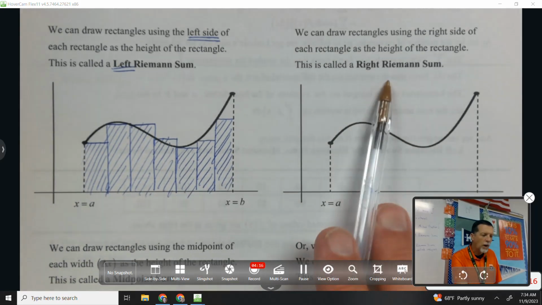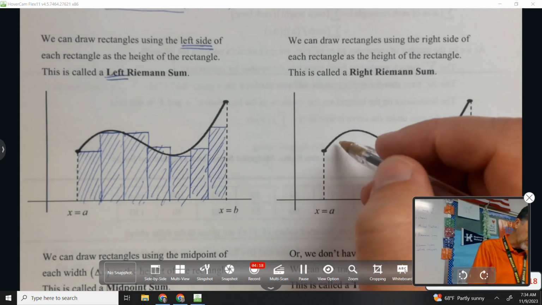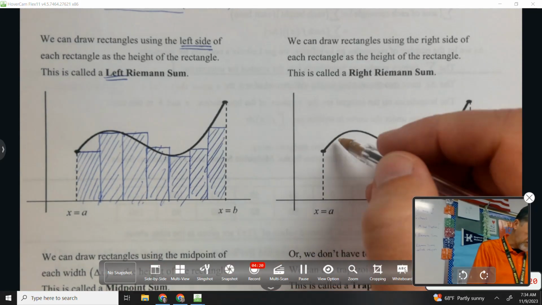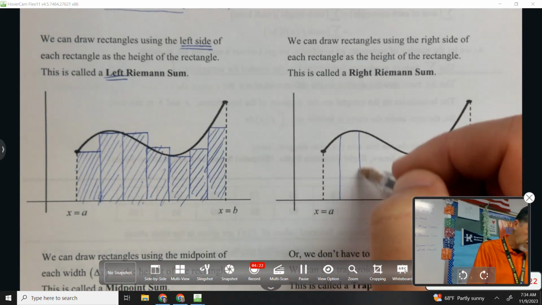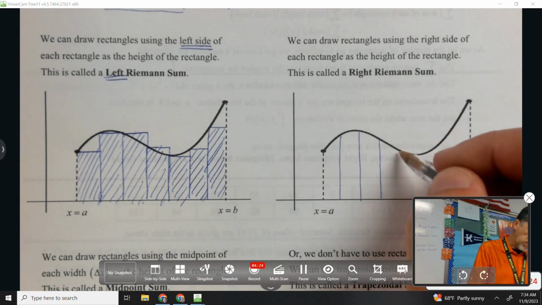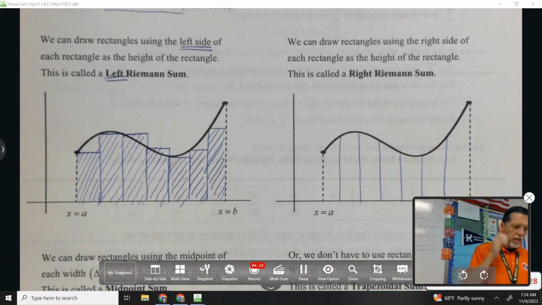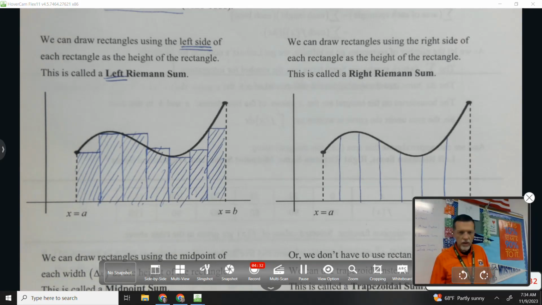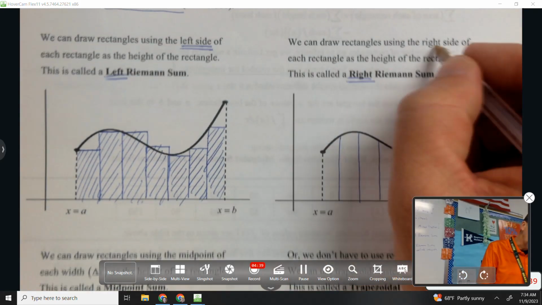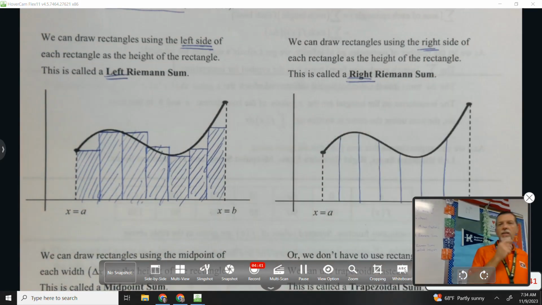All right, let's draw right rectangles. So let's kind of do the same thing. Let's put in some intervals. Divide up the area into intervals. And if we want a right Riemann sum, we should use the right side of each rectangle.